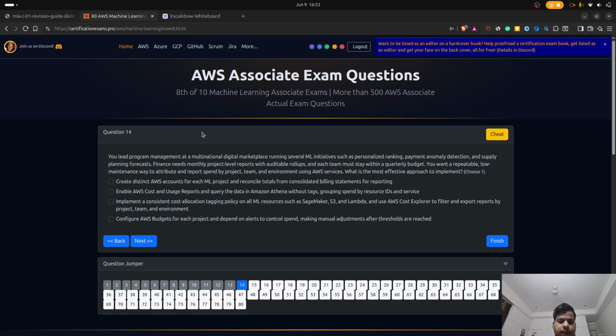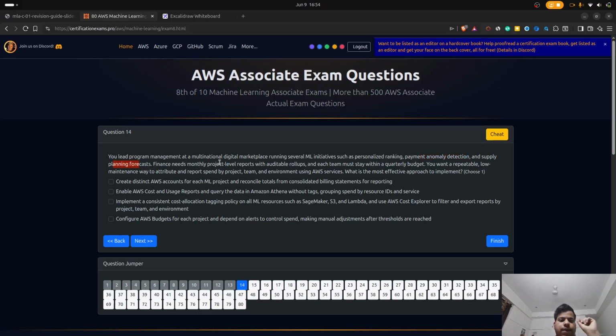You lead program management at a multinational digital marketplace, running several ML initiatives such as personalized ranking, payment anomaly detection, and supply planning forecast.